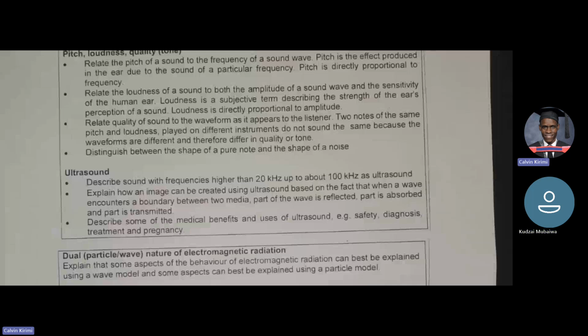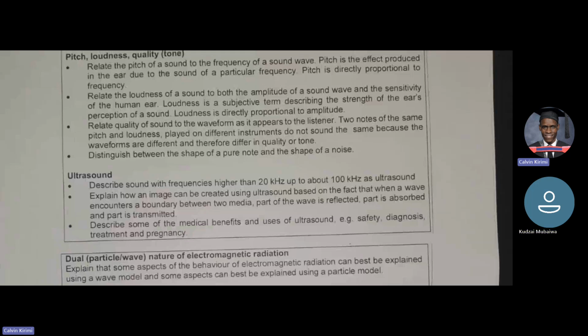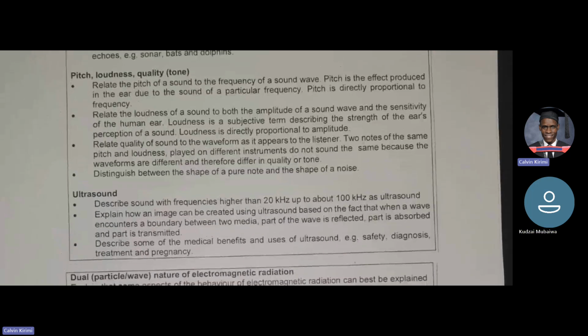Ultrasound, we said ultrasound is a longitudinal wave. Yes, ultrasound is an example of longitudinal. Where is it used? You must know the practical use of ultrasound, for example in pregnancy. When they are scanning someone who is pregnant, they are using ultrasound to see the vibration.